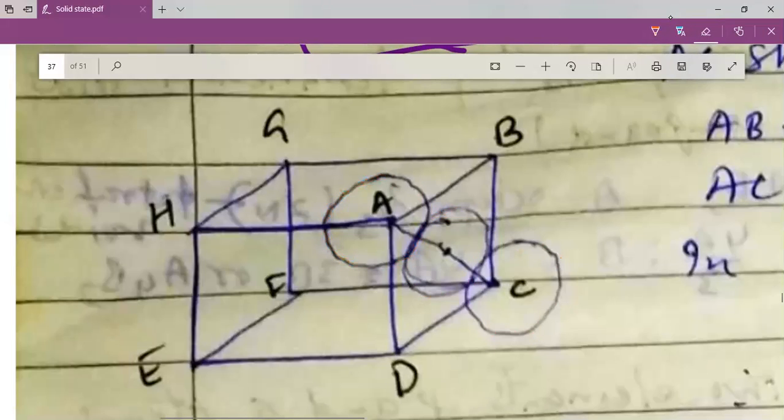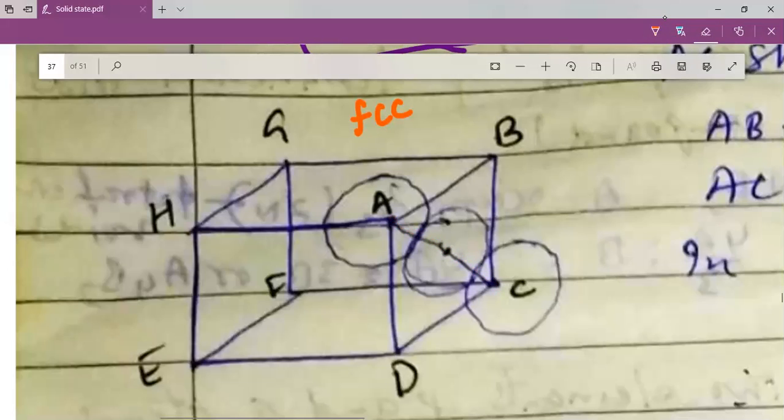Now what happens? We have this cubic cell, which is the face-centered cubic unit cell, my dear students. In this face-centered cubic unit cell, all the atoms are arranged. You can see that there are 8 corners: A, B, C, D, E, F, G, H. For just calculation purpose, we draw a diagonal AC so that we can understand the required calculation well.